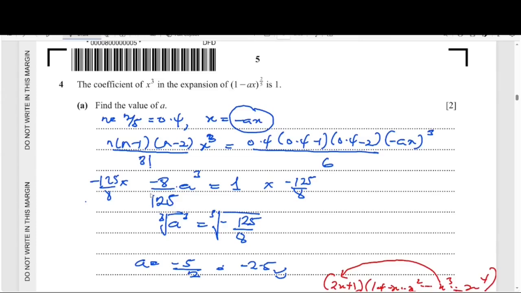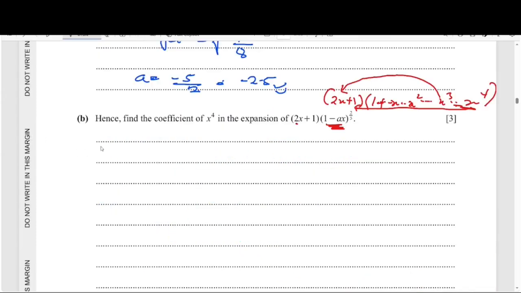So the coefficient of x^4 will be given by n(n - 1)(n - 2)(n - 3) all divided by 4 factorial, times (-ax)^4.